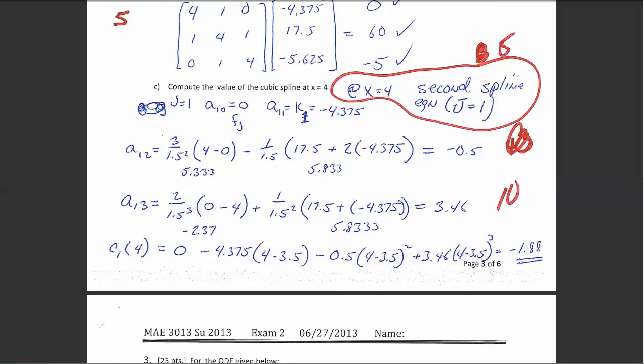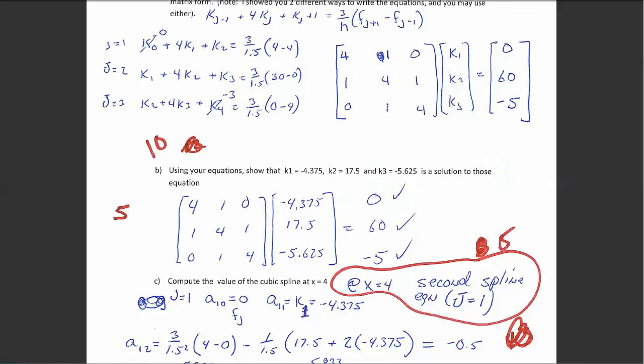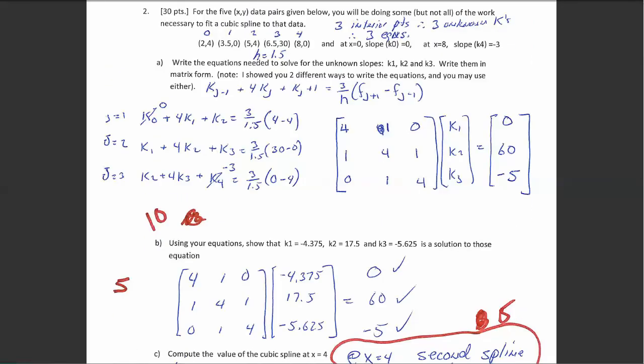So I want to find all of the row 1 a values: A10, A11, A12, and A13. Knowing that j is equal to 1 lets me pick out the right things. So A10 is f sub j, which is f sub 1, which is the second f, which is 0.